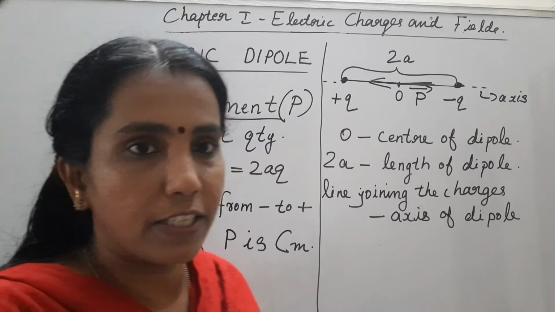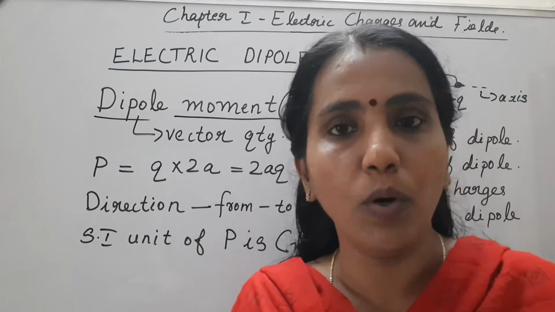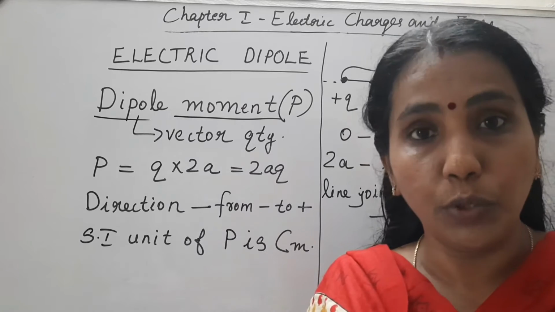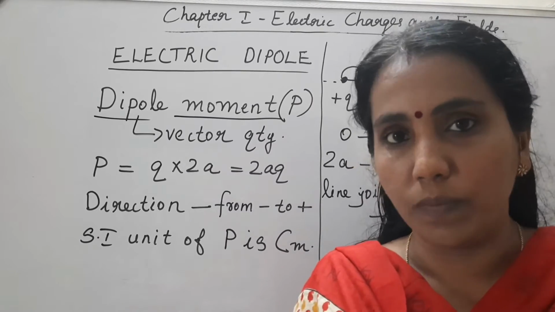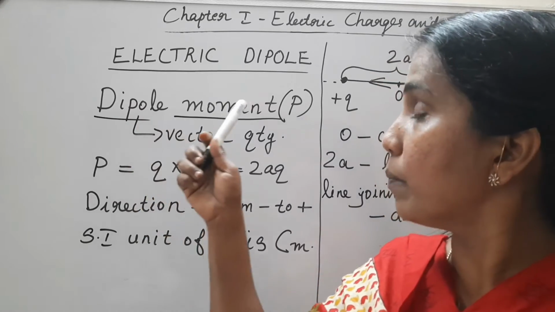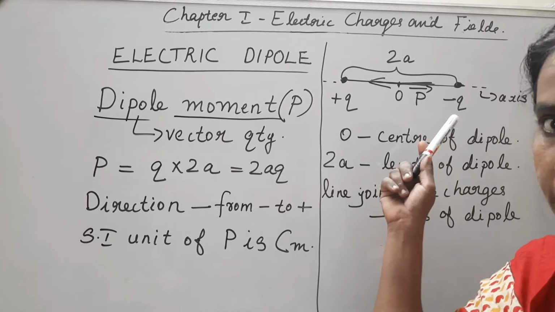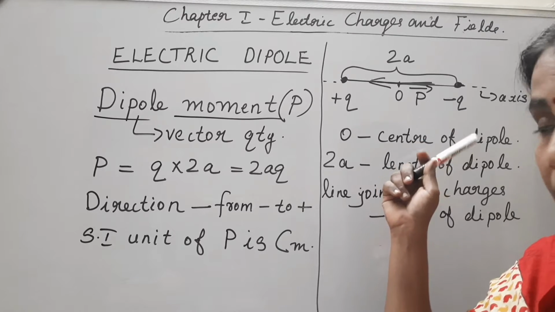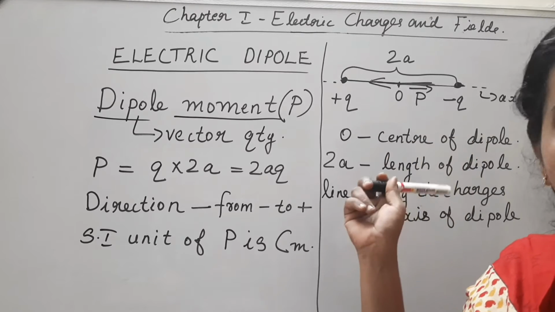If I ask a question, what is the total charge of a dipole? Total charge of the dipole is 0. But do you think the field produced by a dipole will be 0? No. Both the positive charge and negative charge produce electric field. Their fields at a particular point, the field due to plus q and minus q, need not cancel at all points.